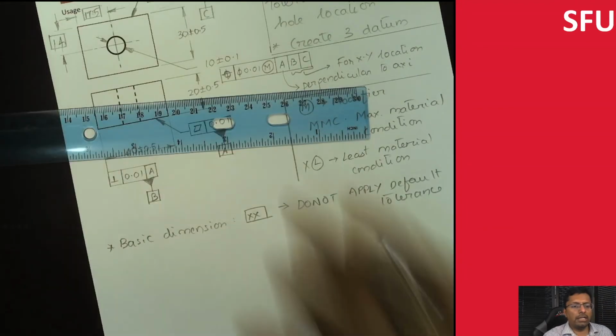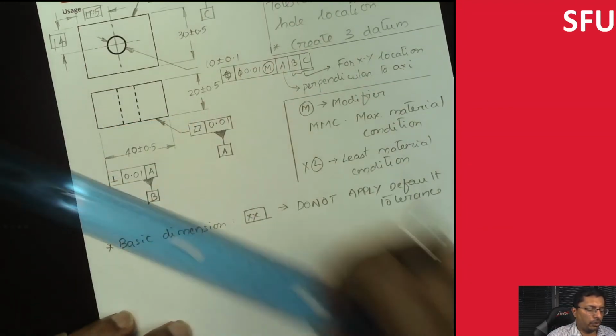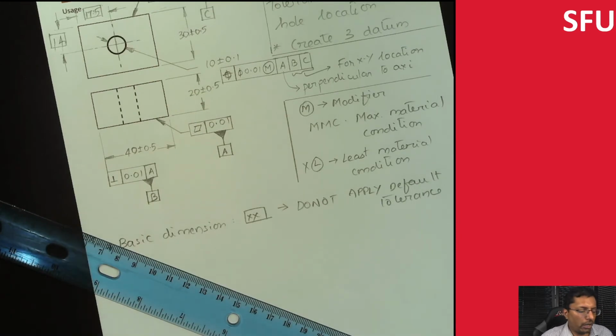What this does is tell everybody that you should not take the default tolerance, and this basically means that there is no implied tolerance associated with the drawing over here. So that's what putting the box over here does.